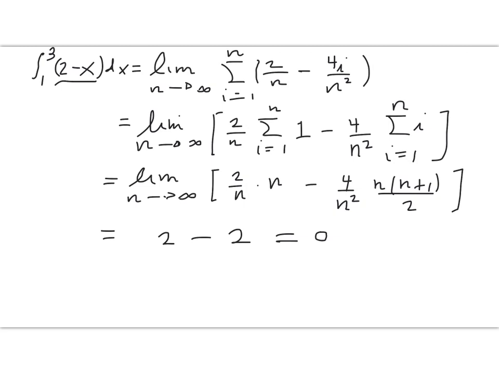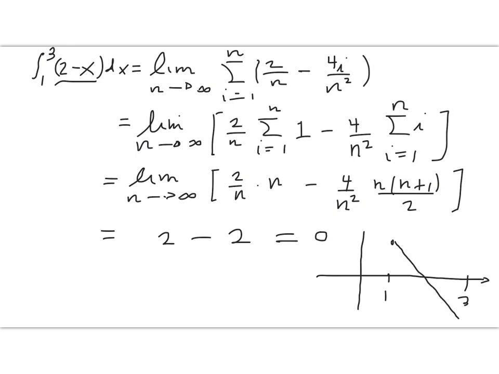That ought to make some sense, because you could actually evaluate this integral just using geometric formulas, that is, like the areas of triangles. If you were to graph this function, say this is 1 and this is 3, what you would see is that the graph of 2 minus x looks something like this.